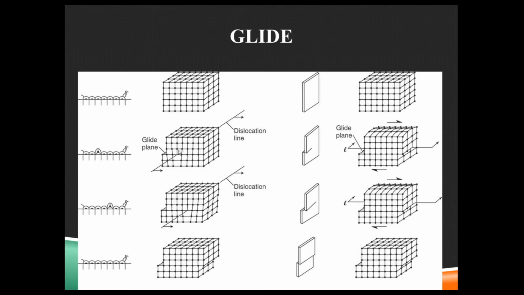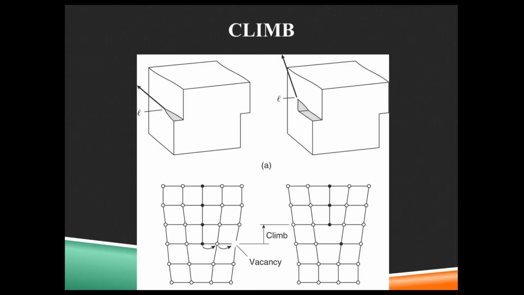Or like on the left, where we're getting this linear dislocation through it, and that linear dislocation moves along until the whole thing has slid over. So glide can happen in both ways, or a combination.